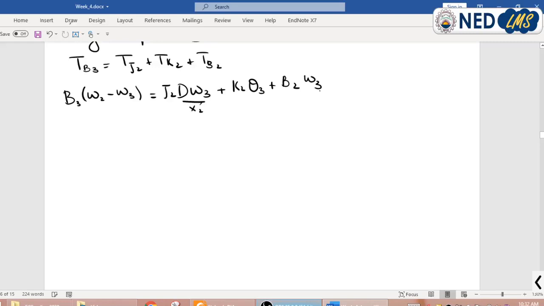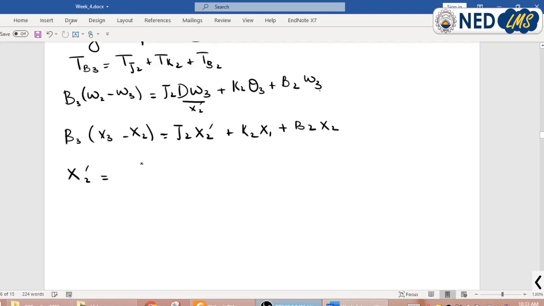This is my x2 dash. I can evaluate x2 dash by replacing all these system parameters with the state variables. This will become B3 times omega 2, which is x3, minus omega 3, which is x2, is equal to J2 x2 dash plus K2 x1 plus B2 omega 3, which is x2.